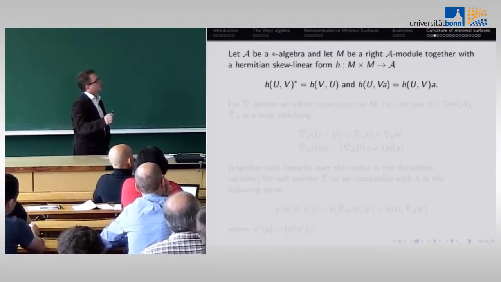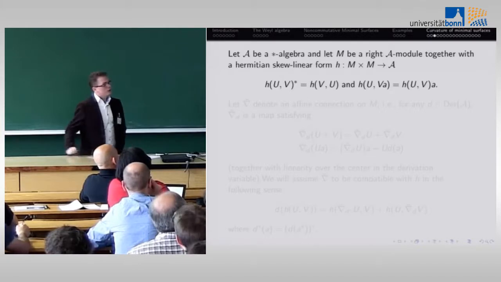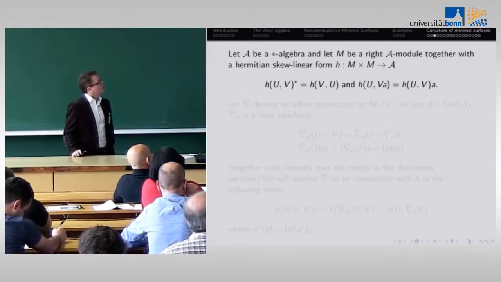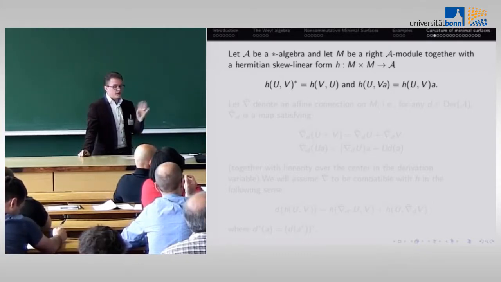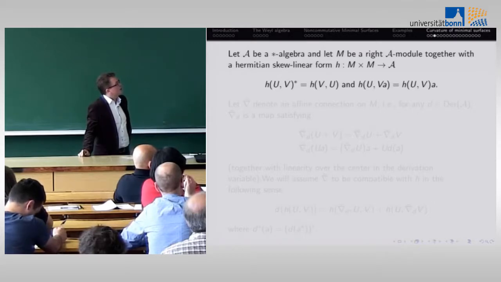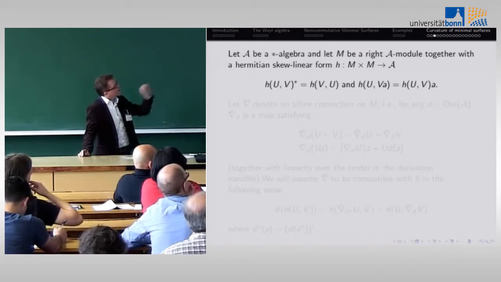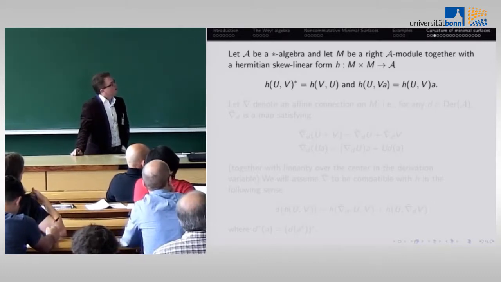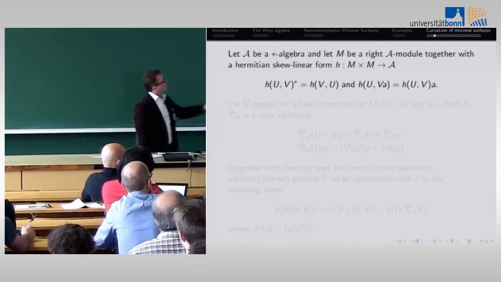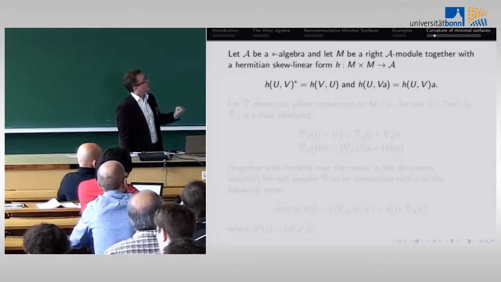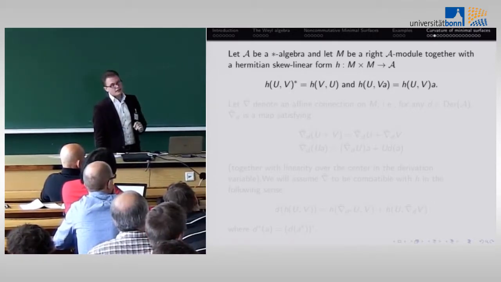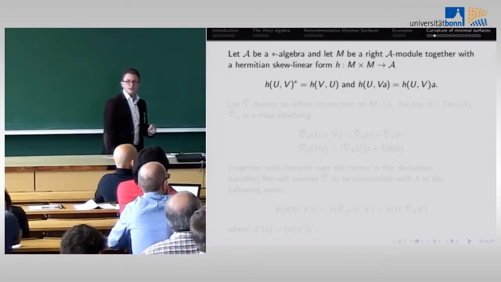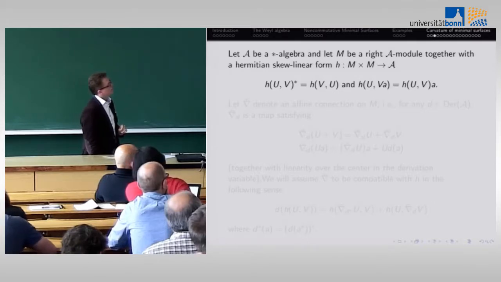Okay, so now we fix the notation. We take a star algebra A, no longer the Weyl algebra, just any star algebra, and we take M to be a right A-module, and now we have this skew Hermitian form h, which fulfills this star symmetry, and is also linear in the right argument, like this.